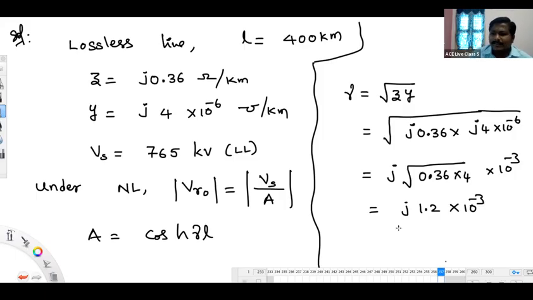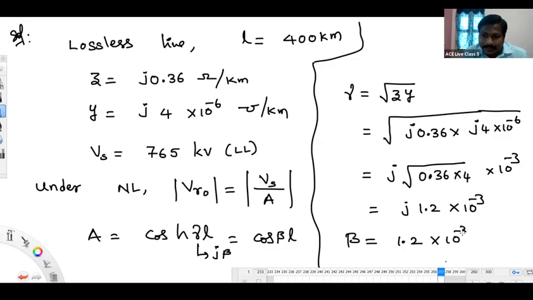So it's only an imaginary number, a pure imaginary number. So the line is obviously lossless, and you can write this as cos βL for the lossless line, because gamma you can simply replace with jβ. So the value of β will be 1.2 into 10 power minus 3 radian per kilometer.